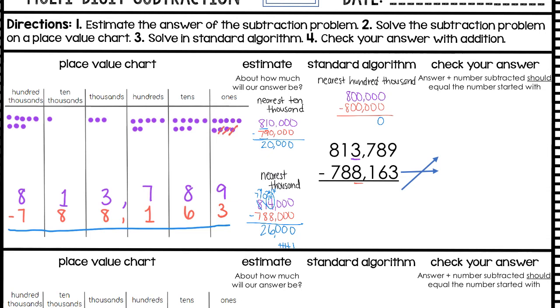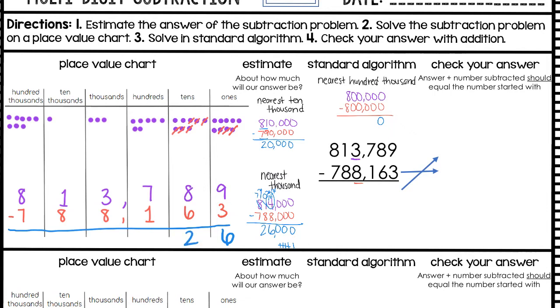I have 6 remaining ones. Then we're moving to the tens place. We start with 8. Can we take away 6? Yes, we can. 1, 2, 3, 4, 5, 6. How many are left? 2.